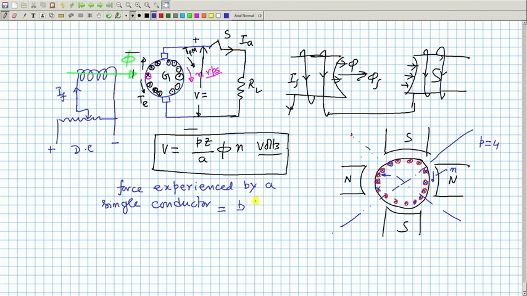The current through this conductor is I_a by A, that I know. So, B I_a by A into the length of the conductor, just like the EMF equation.